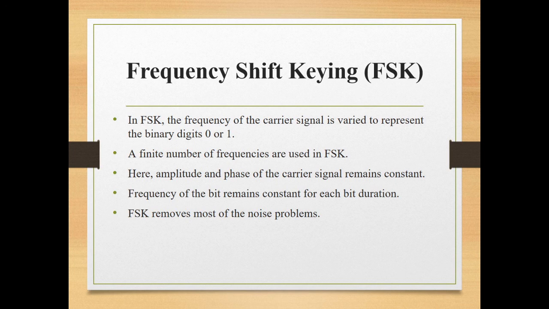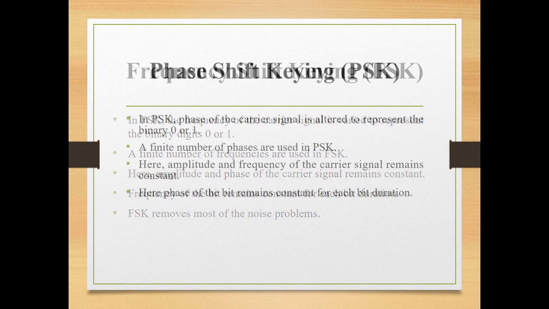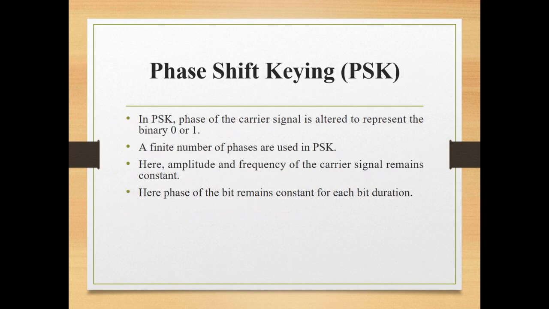Here the amplitude and phase of the carrier signal remain the same, and FSK removes most of the noise problems. In phase shift keying, the phase of the carrier signal is altered to represent the binary 0 or 1. Amplitude and frequency of the carrier signal remain constant in PSK.